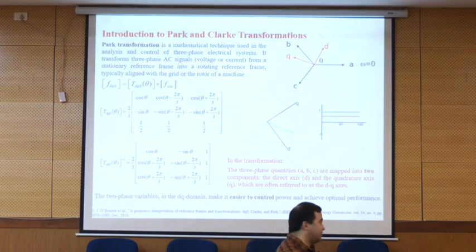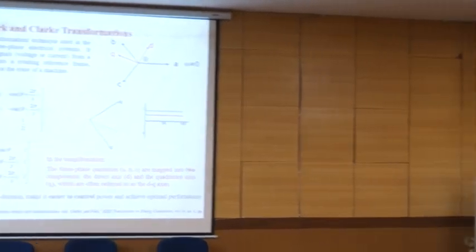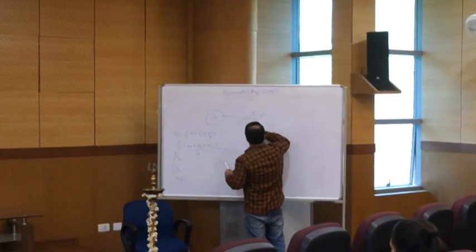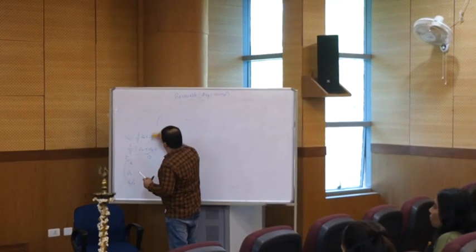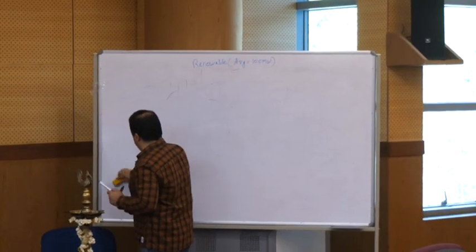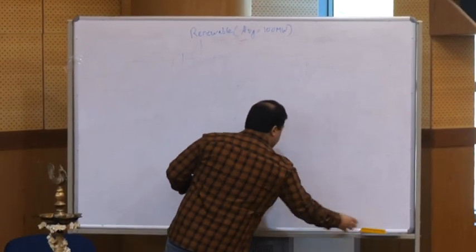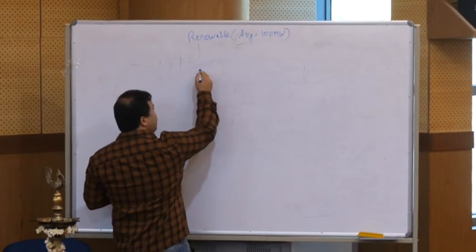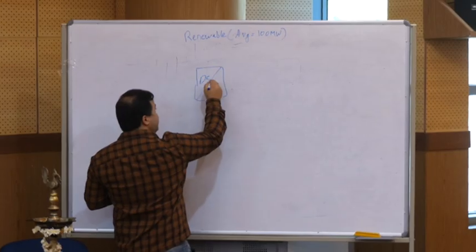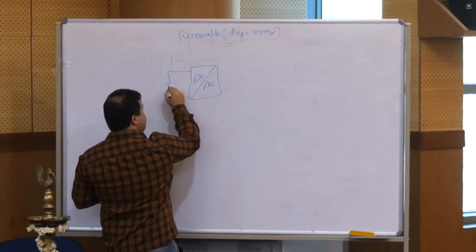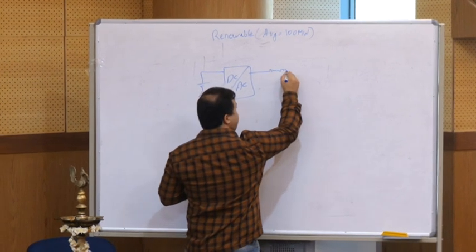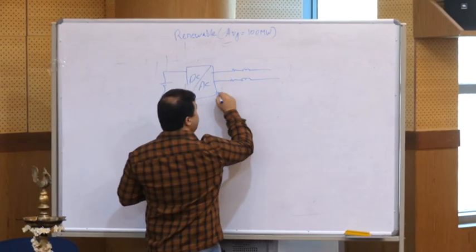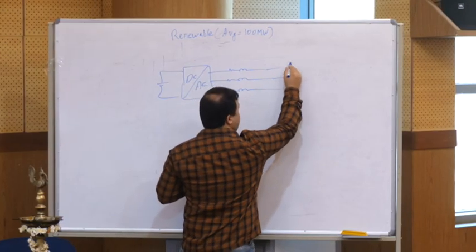So for example, just a simple example. Assuming that this is my converter, a DC-AC converter, and this is my source, and this is the filter, and this is the load.